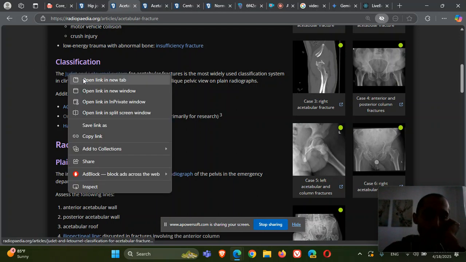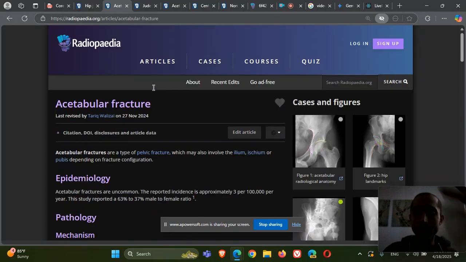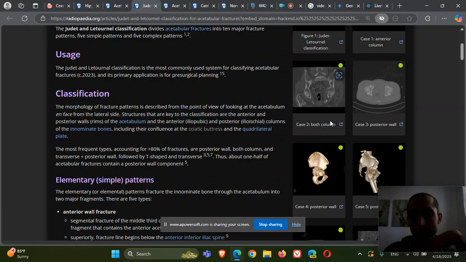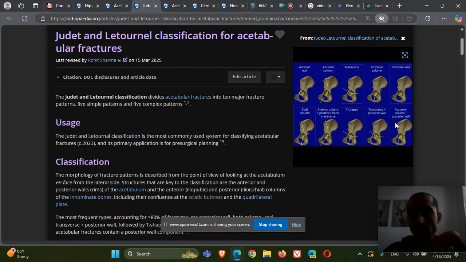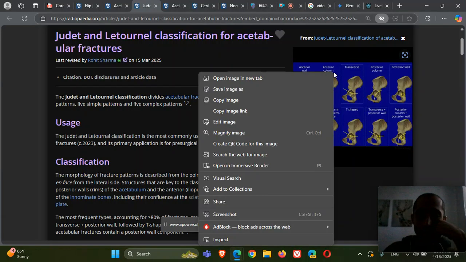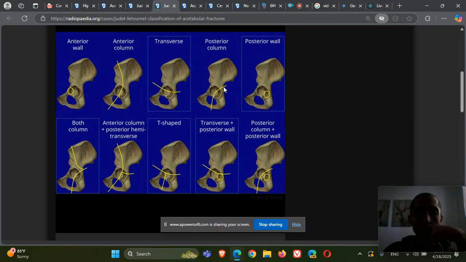When we look at this classification, you will need to note the anterior column fractures and posterior column fractures. So if we look, for example, at this classification, you will see that there are five types of fractures: posterior column fracture, anterior column fracture, transverse fracture, posterior wall fracture and anterior wall fracture.